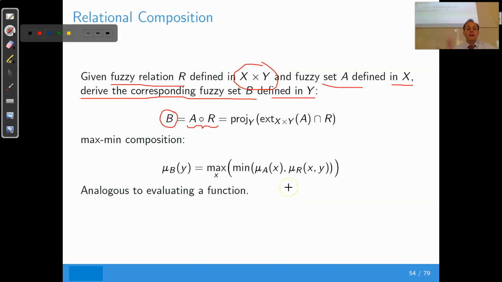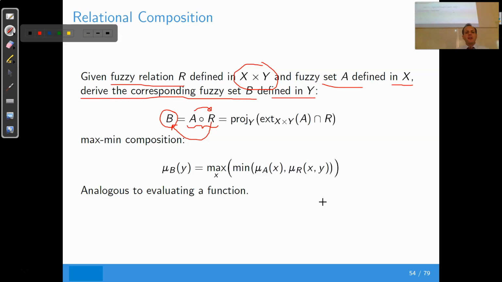It's like a transformation: through this relation, the fuzzy set A is transformed onto the set B.